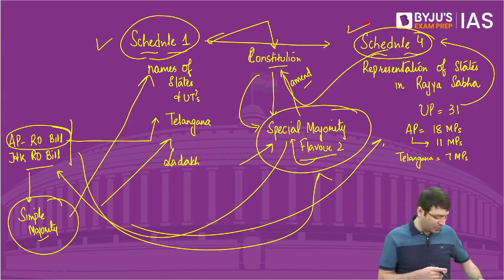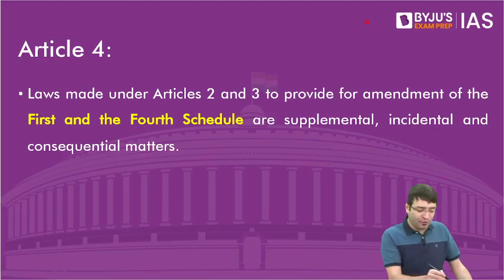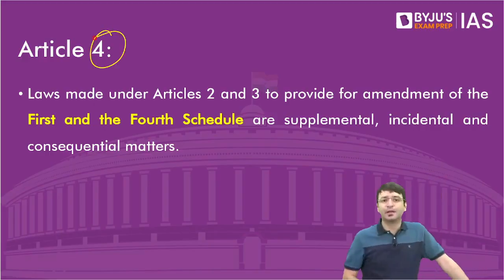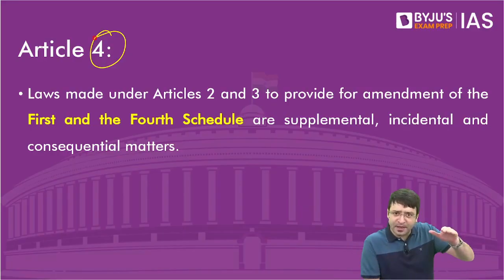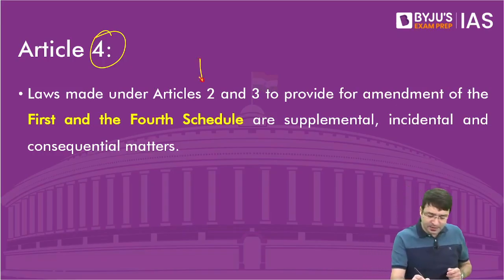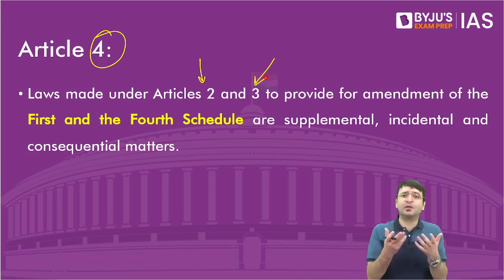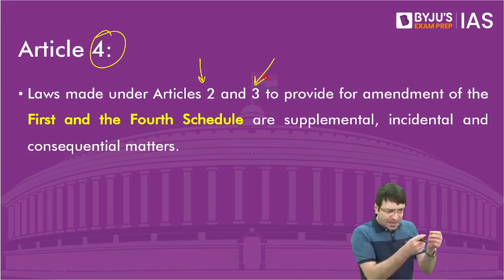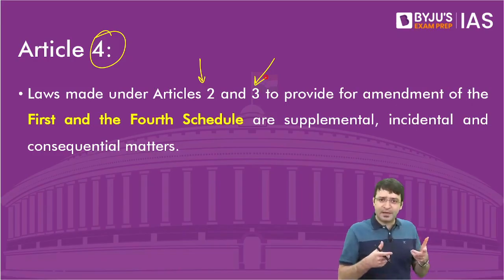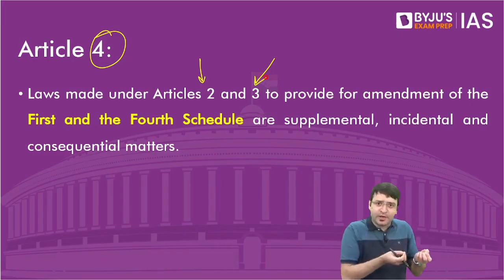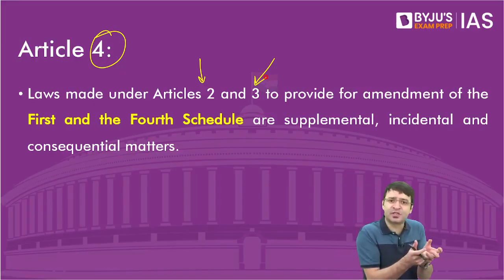That is possible because of Article 4 of the Constitution. What is Article 4? Laws made by the Parliament under Article 2 and Article 3. Let's say, what is Article 2 of the Constitution? Parliament may by law. What Parliament can do? It can admit into India a state, or it can establish new states.